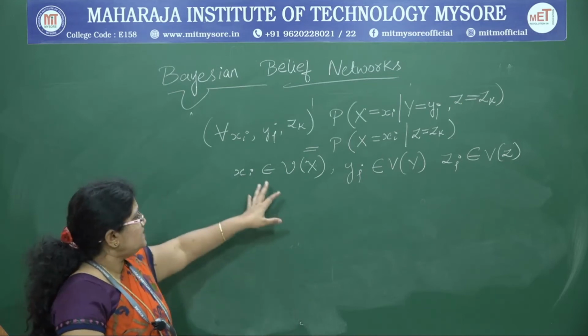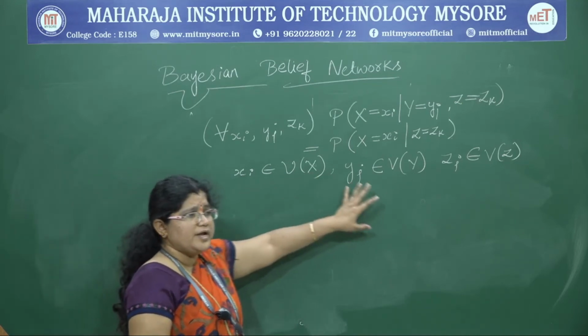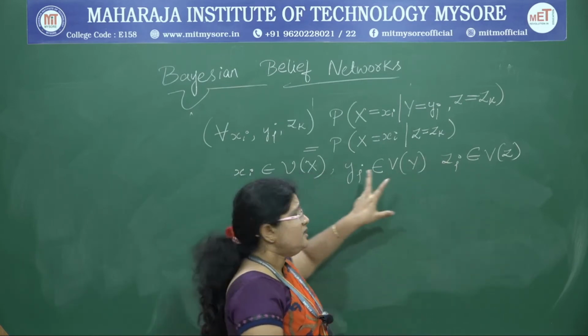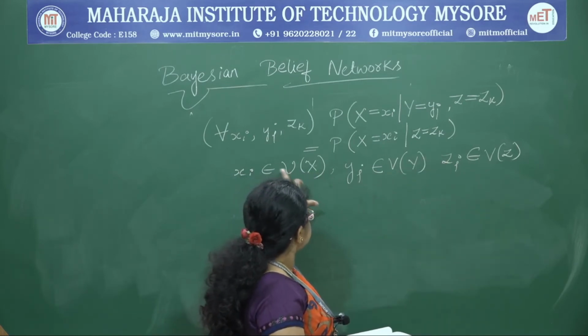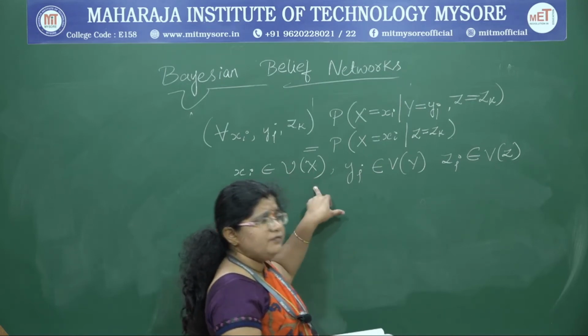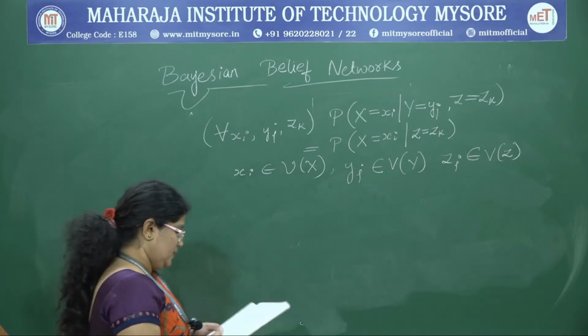These are all variables: x is a variable, y is a variable and z is a variable, and xi is a value of x.